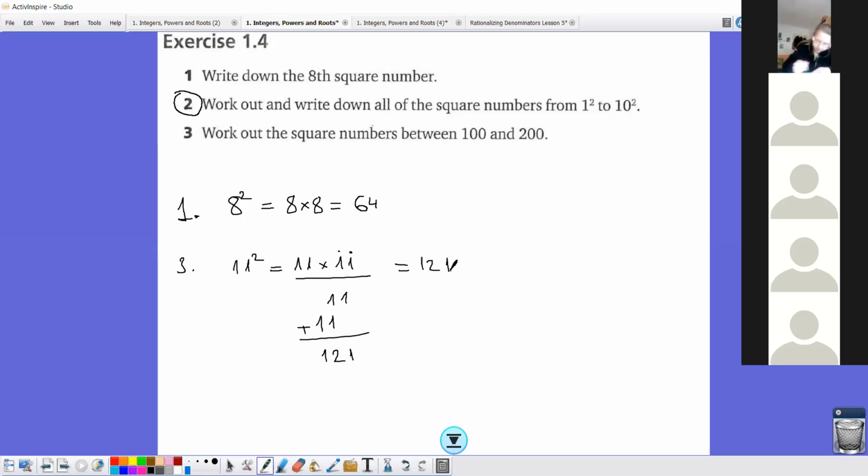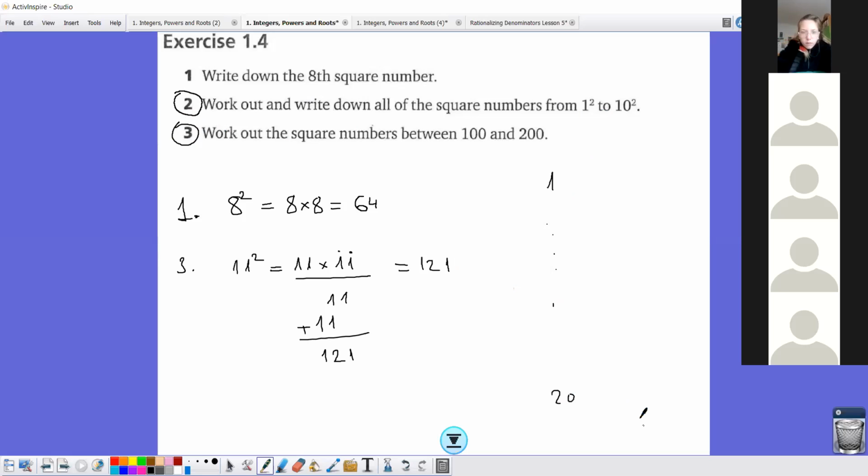Guys, listen to me. So also 3 is your homework. 2 and 3 means that you need to write the squares from 1 till 20.